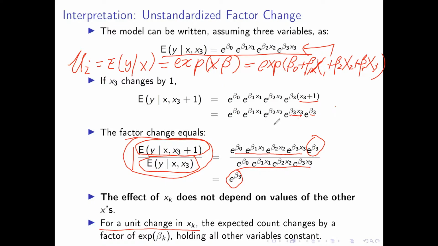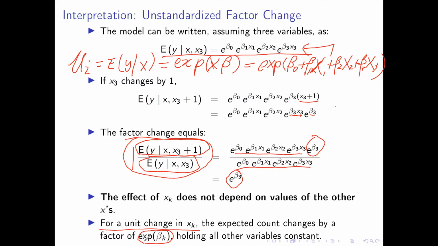In this case, if the exponential of beta k is greater than 1, we're going to say the expected count increases by a factor of e raised to the power of beta k.